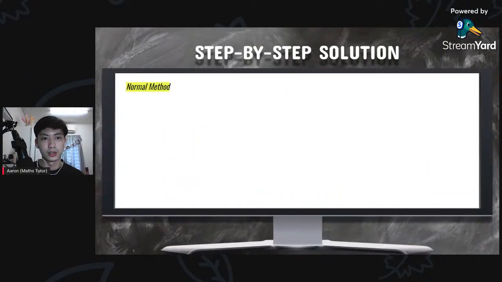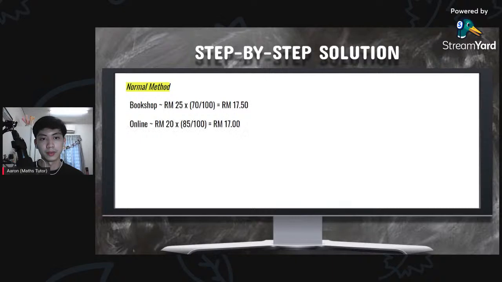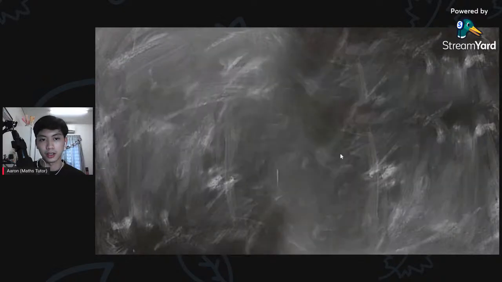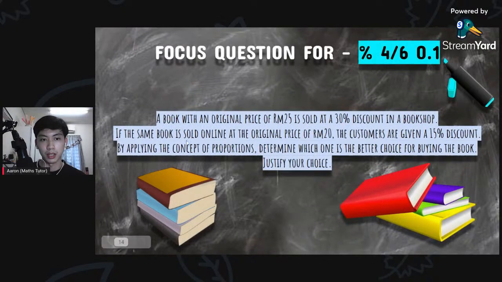So we have a normal method here, if we use the normal method, not the proportion. For this question, you cannot use the normal method because the question asks us to apply the concept of proportion. It can only use the proportion method.